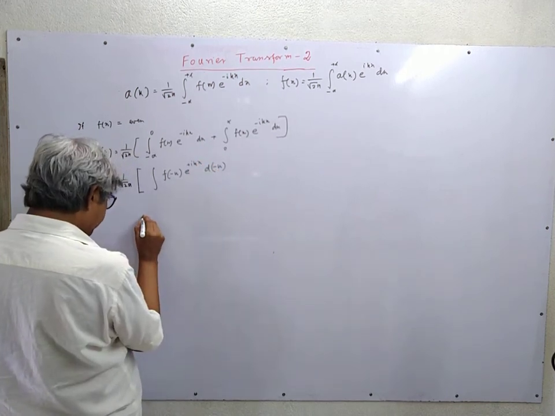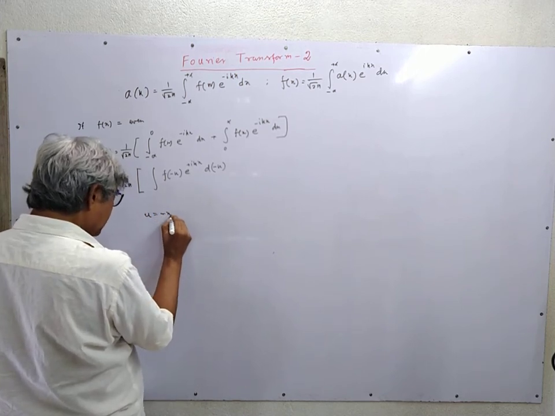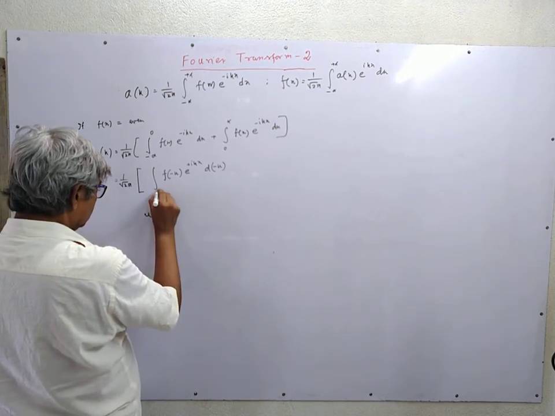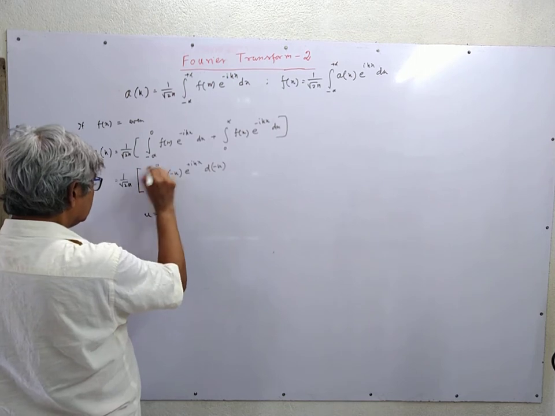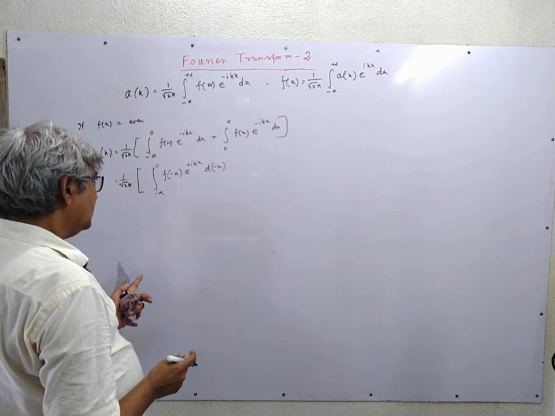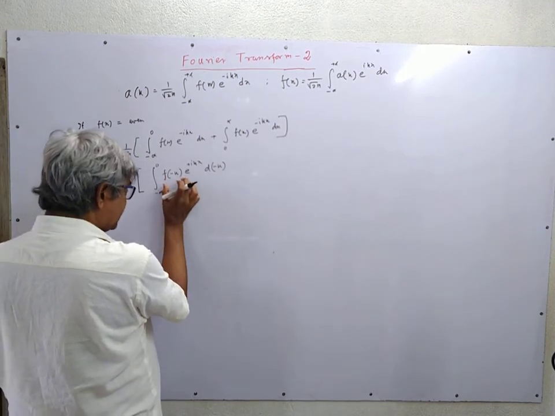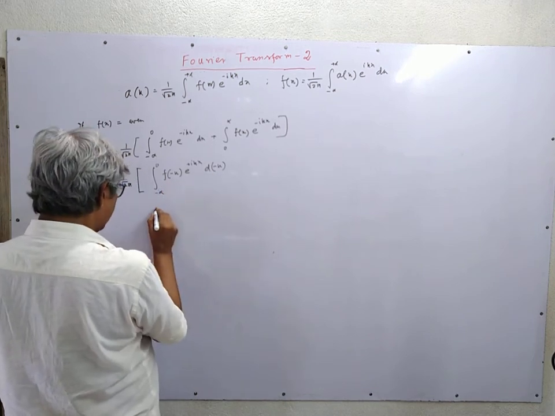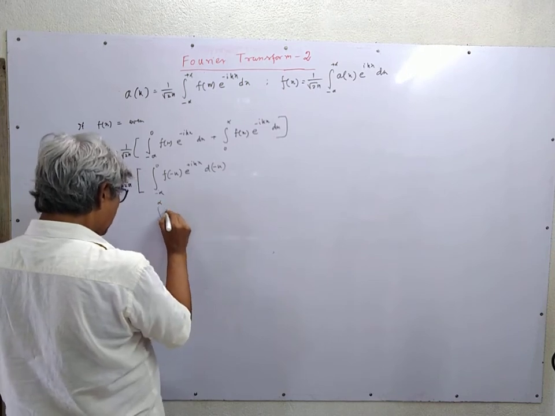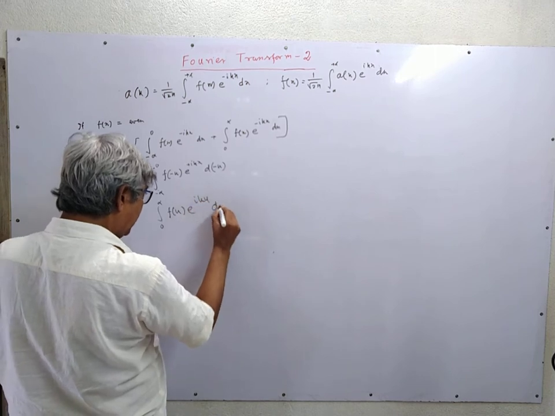So we have changed u as minus x. Now this term, since it is even, f of minus u is f of u, and then this minus sign changes the limit. So this is f of u e to the power i k u du.